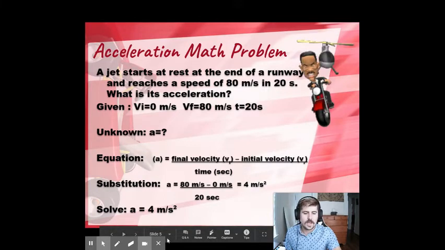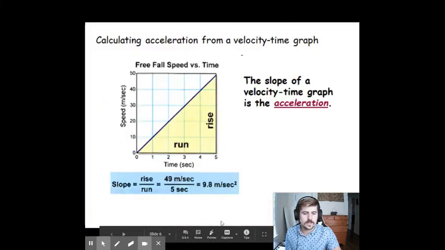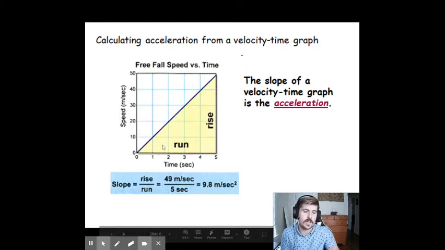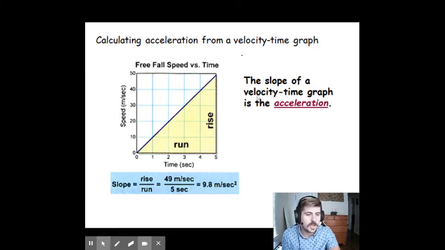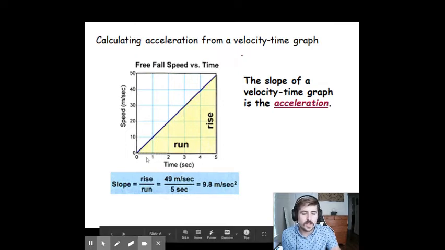All right, and let's look at the last thing that I wanted to show you guys. What we should have gotten from the velocity time graph lesson is that in order to get acceleration, you have to look at the slope of a velocity time graph. So the slope of a velocity time graph is its acceleration. In this graph, for instance, we've got a line, and so in order to get the slope, we do our rise over run.